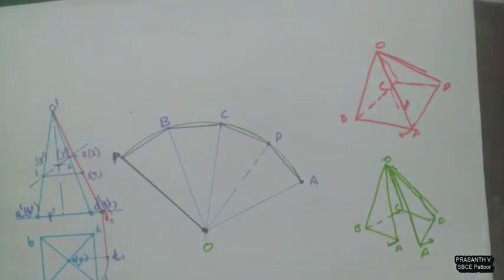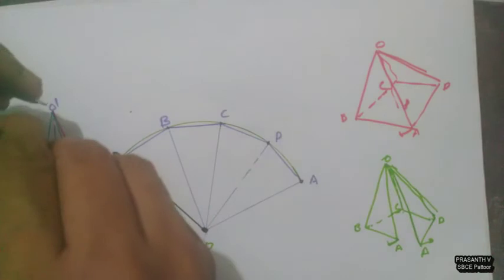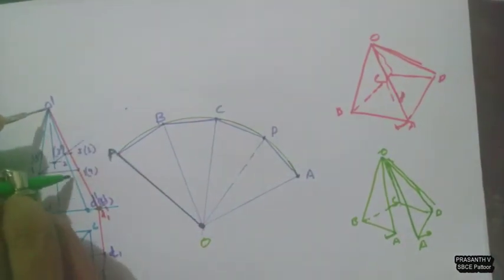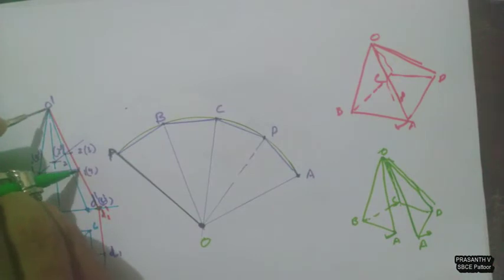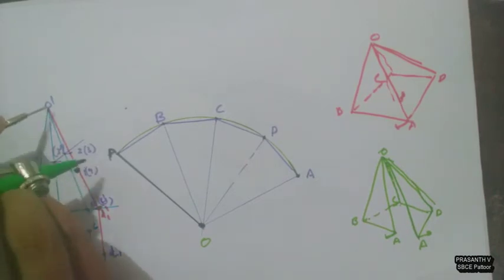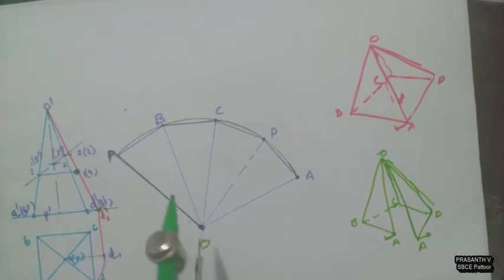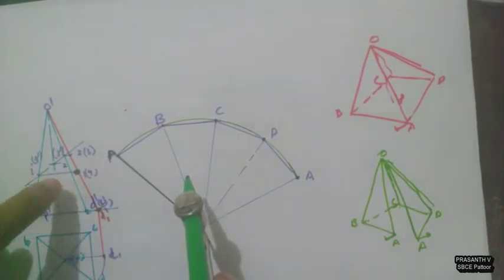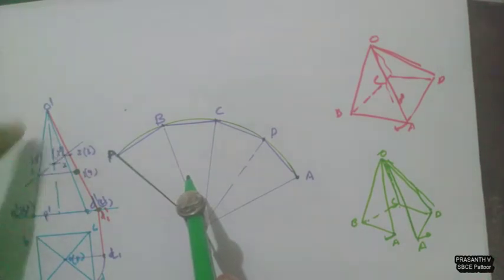Now take the compass from O, take the distance on that true length line. Here I am taking this 1, 4 distance on the true length line, that red line. Take the distance and place it at O on the development. You can see point 1 is on line OA.